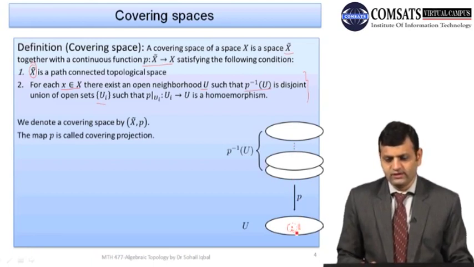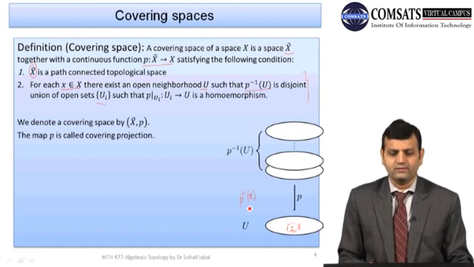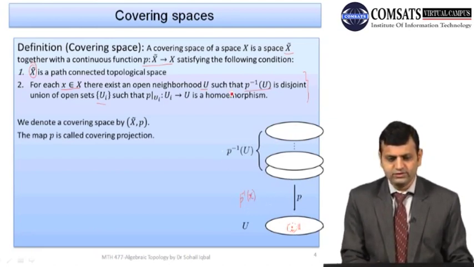In other words, the inverse image of x is going to be a discrete set, because the inverse image of x will be contained in the disjoint union of open sets. So we should be able to list the elements of P inverse of x in the following way: x0, x1, x2, and so on. That is what it means to be a discrete set.